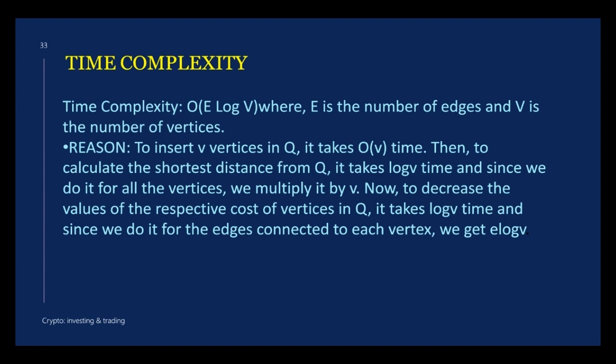And since the number of neighbors is equal to the number of edges from that particular node, we multiply it by E. So now we have three things: big O of V log V, big O of E log V, and big O of V. And out of these three, big O of E log V is biggest. Thus, the time complexity is big O of E log V.